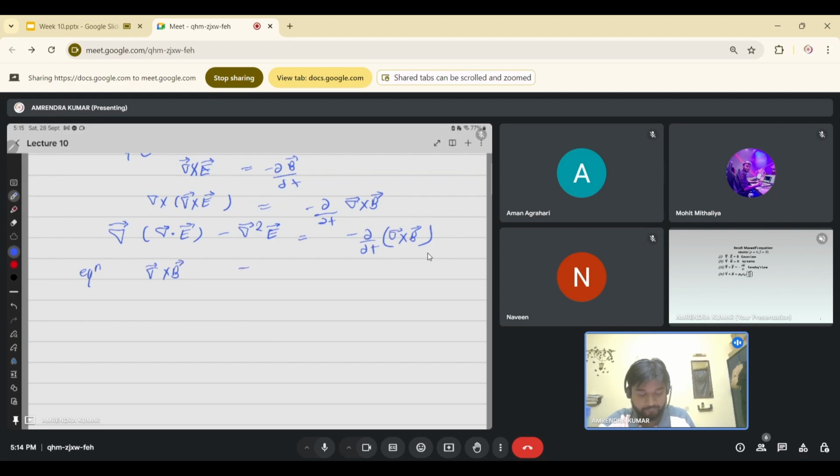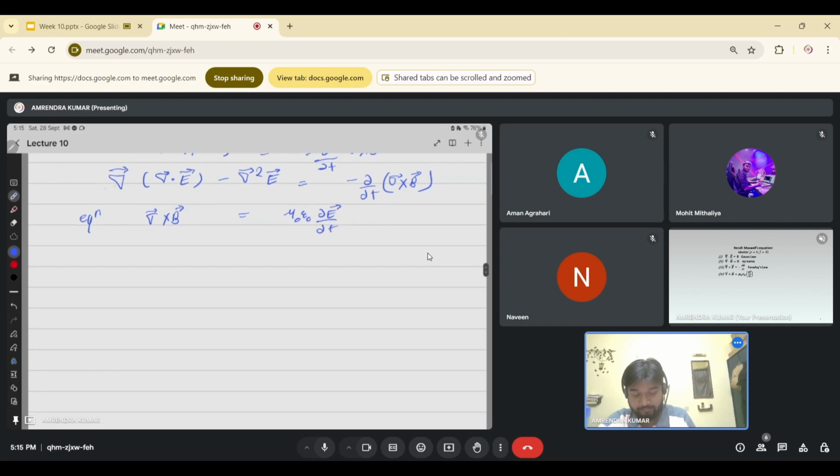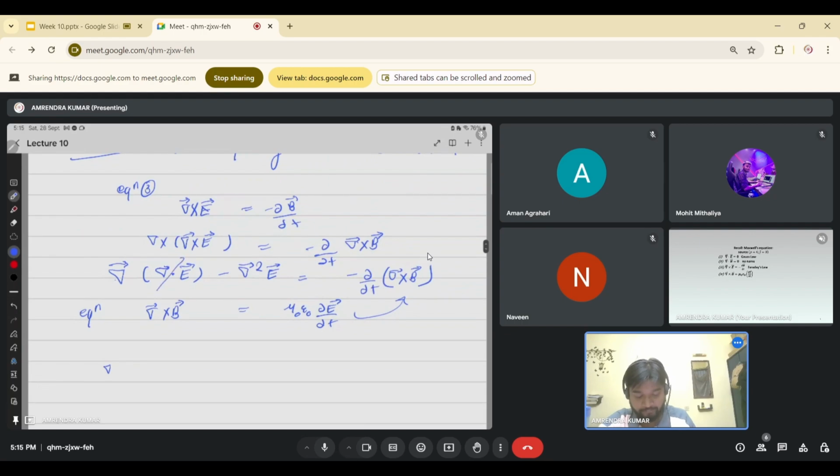But we know from equation 4 that del cross B in the case of source free is mu 0 epsilon 0 del E over del t. If we substitute the value here, the del dot E is also 0 from equation 1.